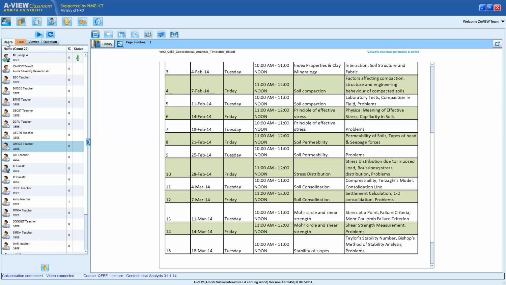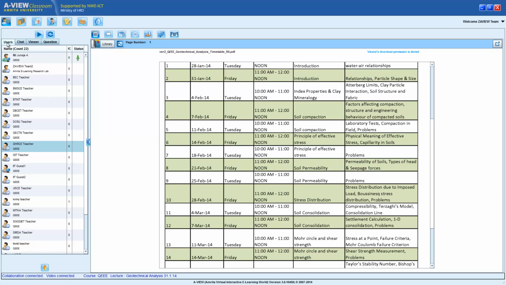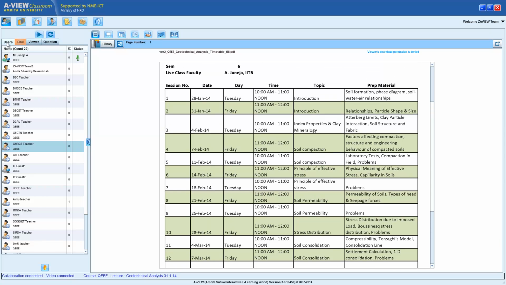So within the first 15 lectures, in fact, I have added the maximum possible content for the entire geotechnical analysis which was possible. Because of this, some minor topics had to be removed. I suppose topics such as soil classification have been removed.